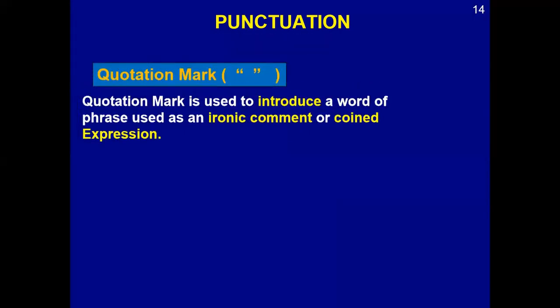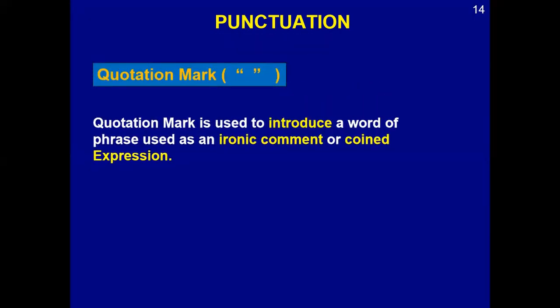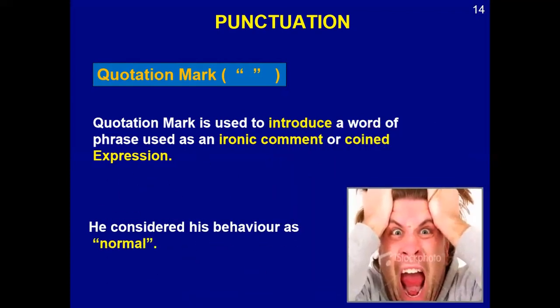Quotation mark. These are used to introduce a word or phrase, or to make an ironic comment or point. For instance, he considers his behavior "normal". Look at his face.